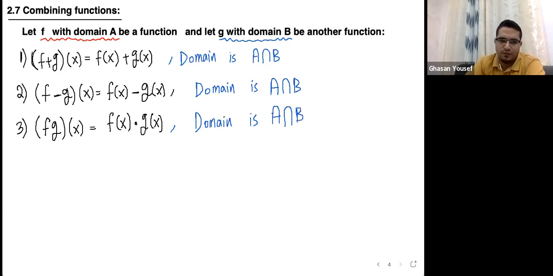The last one, number four, the quotient.